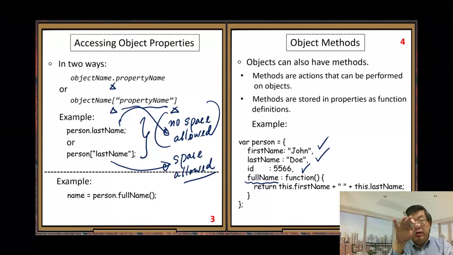Now when we call the function, we use the property name, fullName. But because it corresponds to a function, we use the function representation, parentheses. So we call this function.